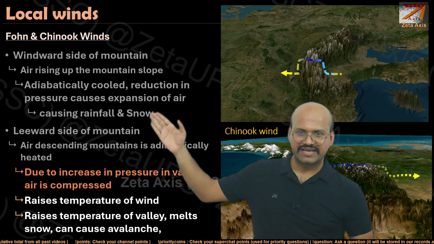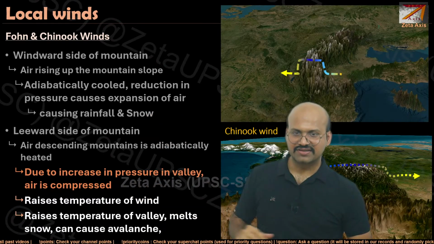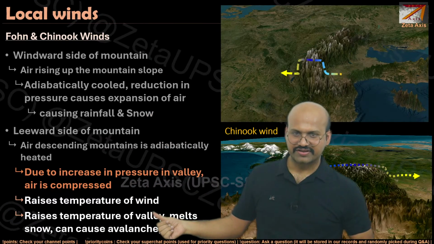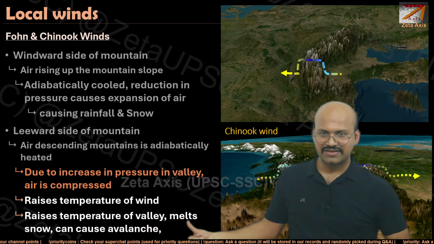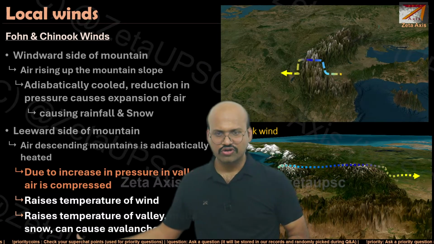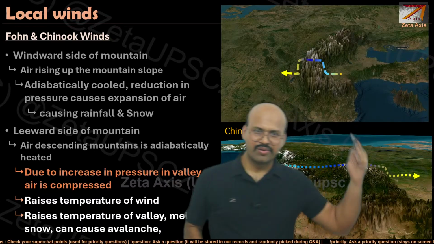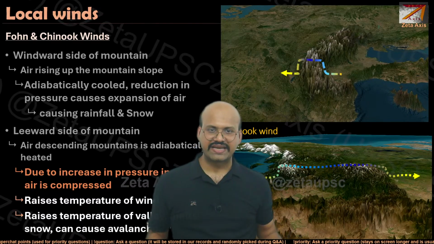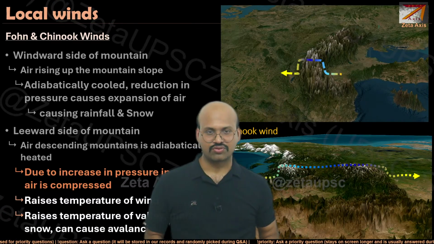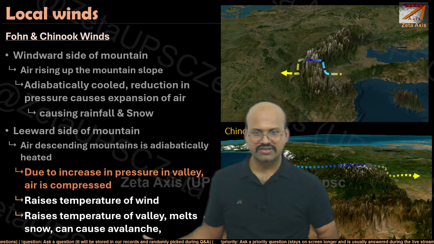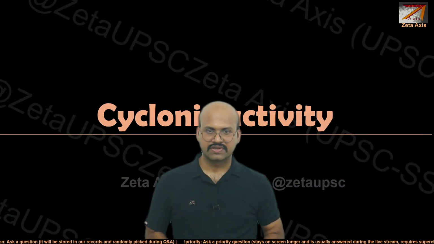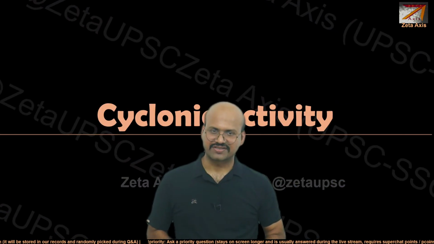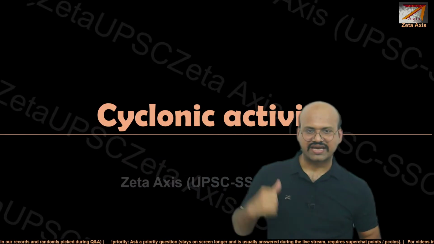So here air was expanding, here it is compressed. It raises the temperature of wind, raises temperature of valley, melts snow, and it can also cause avalanche. So remember, both of these winds increase the temperature of the region, they melt the snow, and sometimes they can also cause avalanche.